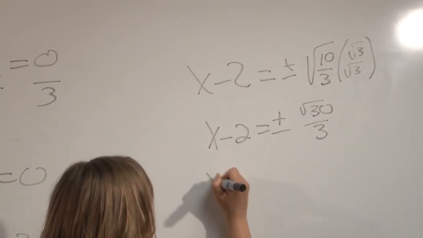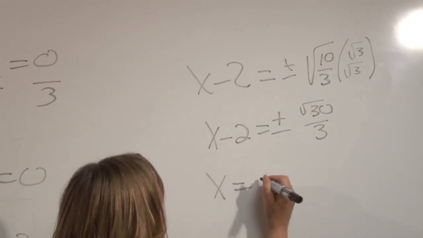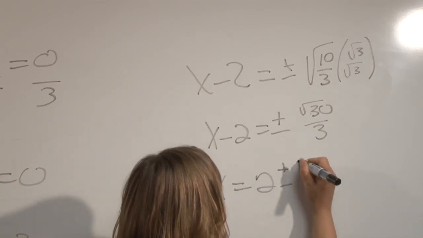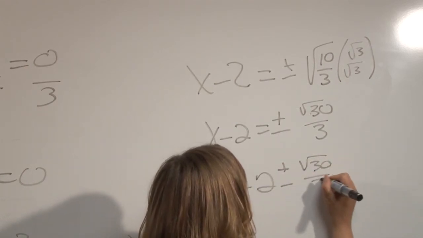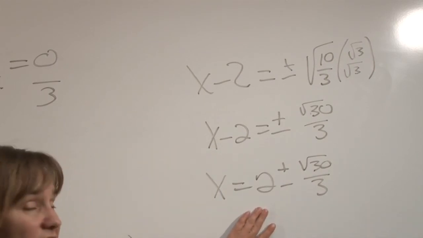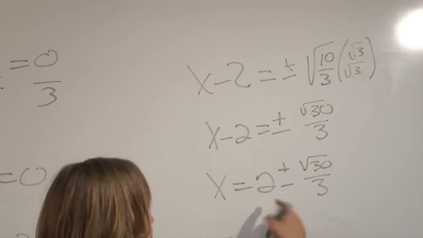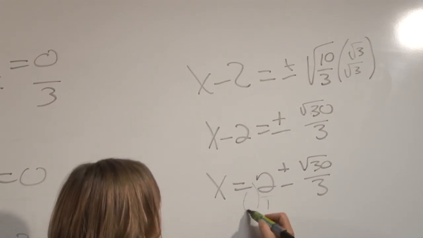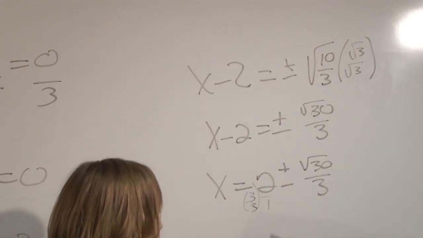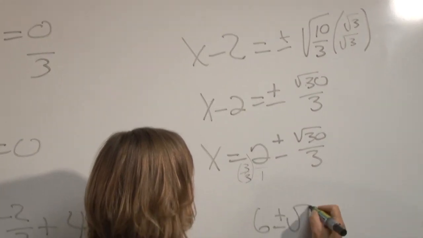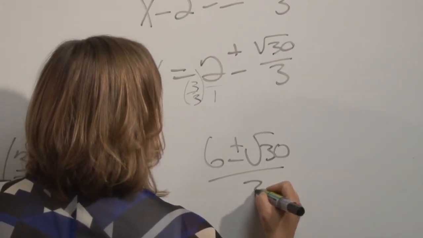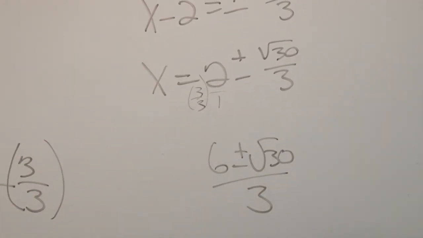And now I'm going to complete this process by adding 2 to both sides of the equal sign. Some people are more comfortable with this as separate. Some people are more comfortable with it as one fraction. I could, if I wanted to, make that 6 plus and minus square root of 30 over 3, but it is not necessary.